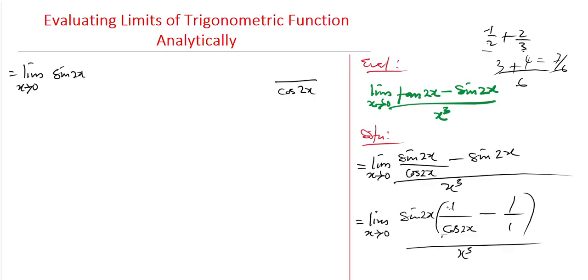And 1 multiply 1 will give us 1, minus cos 2x divided by 1 will give us cos 2x, multiply 1 will give us cos 2x. So we have cos 2x. So let's write that here. So we still have here 1 minus cos 2x all over cos 2x.